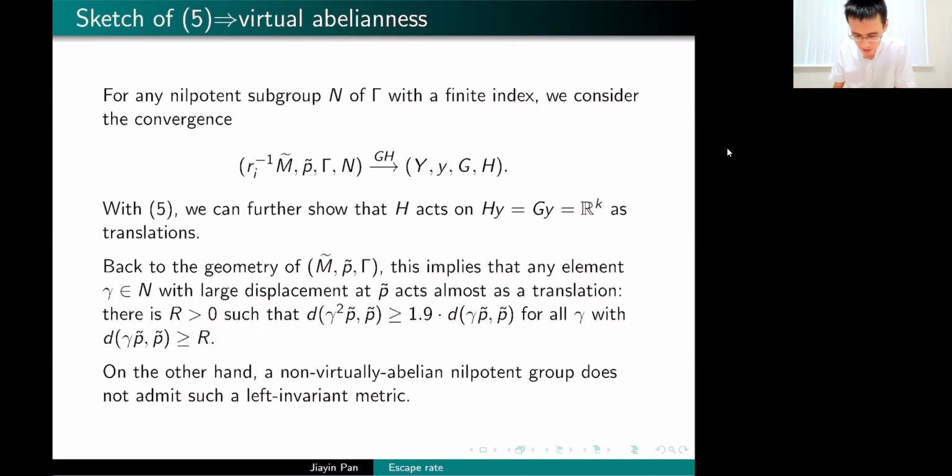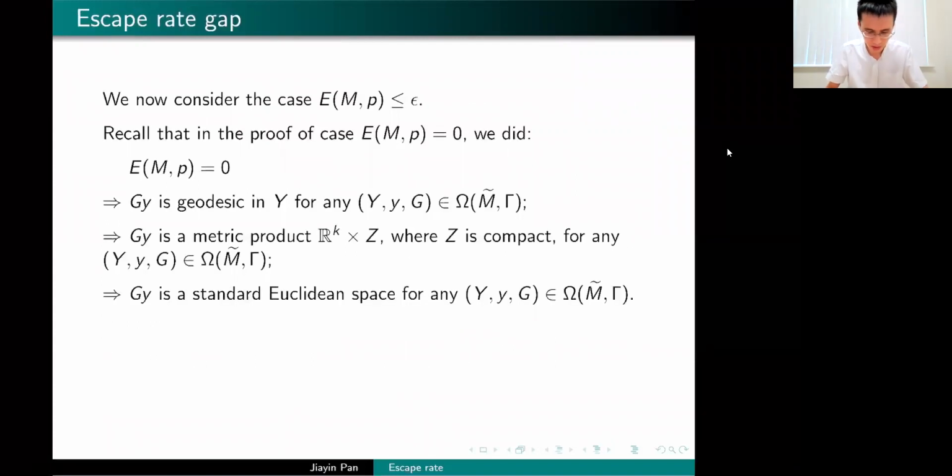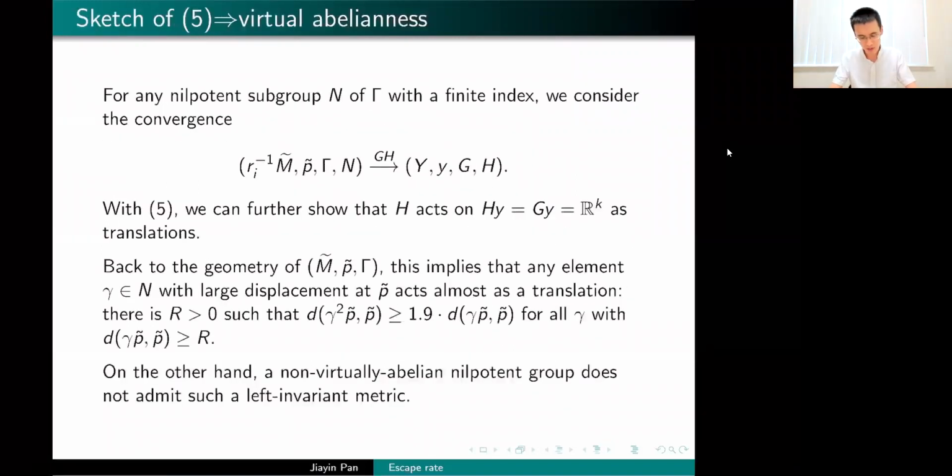Roughly speaking, the key is that for any element inside this nilpotent subgroup with large displacement, it acts as an almost translation, so the displacement of gamma squared is at least 1.9 times the length of gamma. Then that will imply the virtual abelianness. That explains why, in the zero escape rate case, you have a virtually abelian fundamental group.